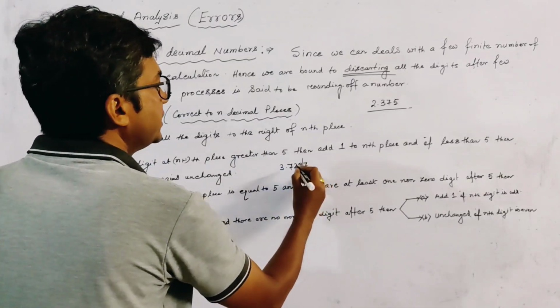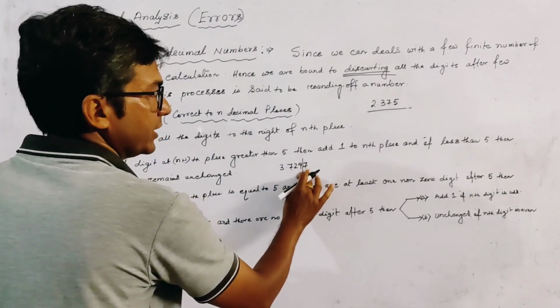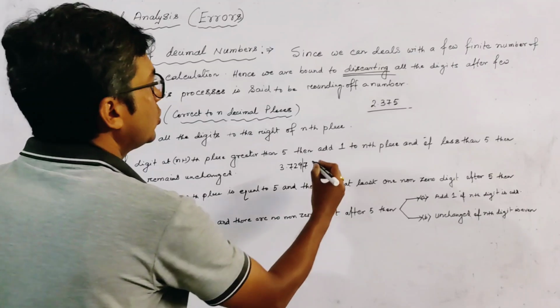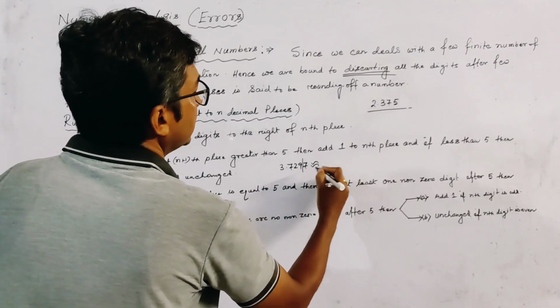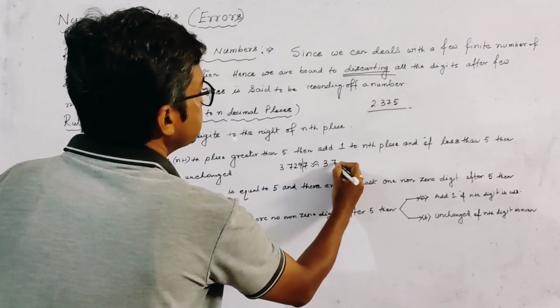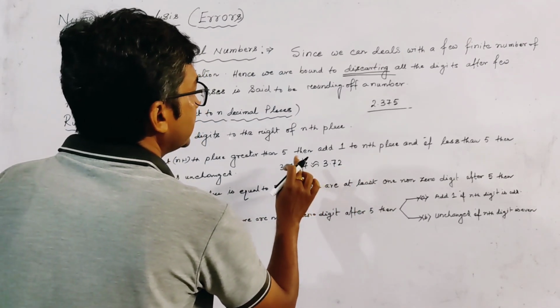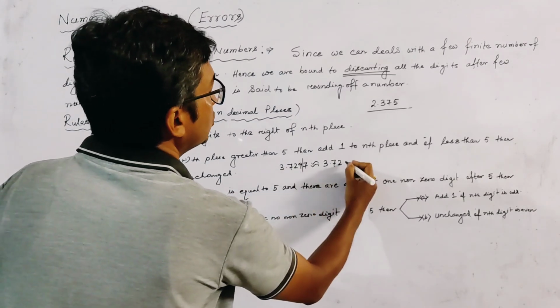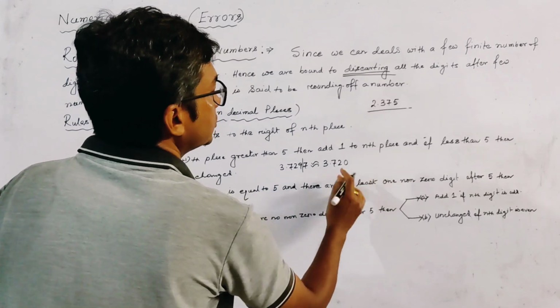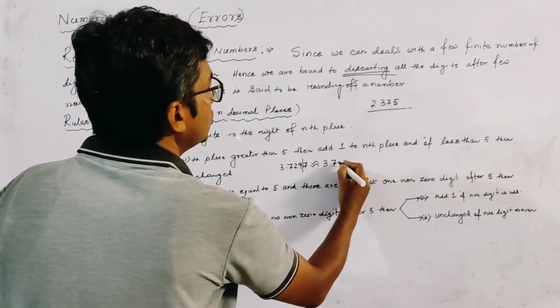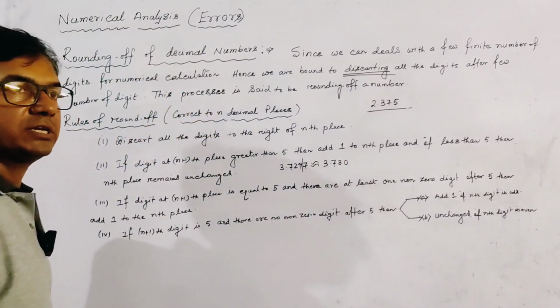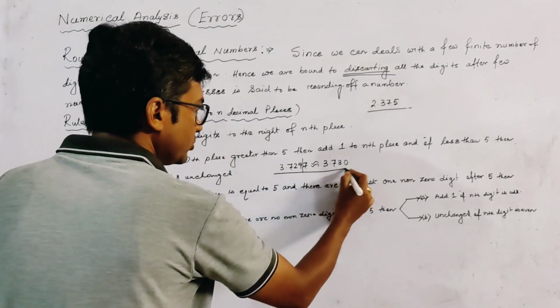Here after 3 decimal places there is 7, that is greater than 5. So the rounding of the number is given by 372 and we add 1 with 9. So 9 plus 1 is equal to 10. So this is 0 and this is 2 plus 1, equal to 3. Okay, clear? This is the process.